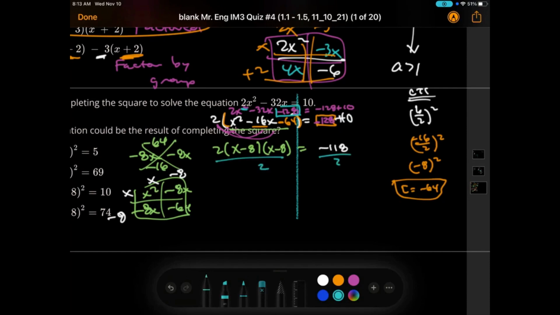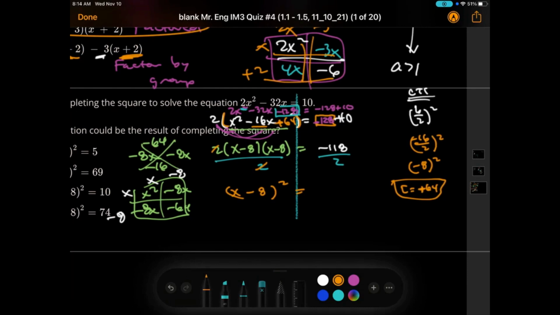And if I divide by 2, the wonderful thing about math, it is very forgiving. So I messed up and should have divided by 2 in the beginning, but that's okay because the math gods knew what I was trying to do. Oh, I see a mistake. Plus 64. So it'll be 128. This would be a negative. So this would be positive.